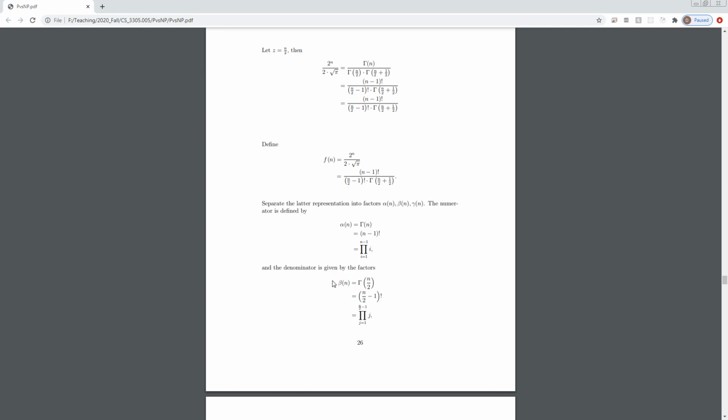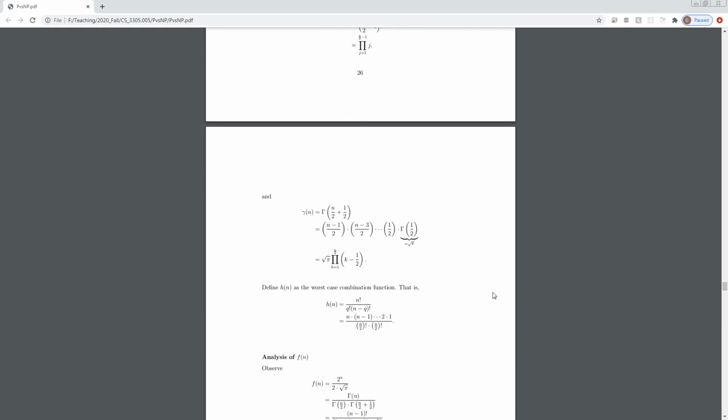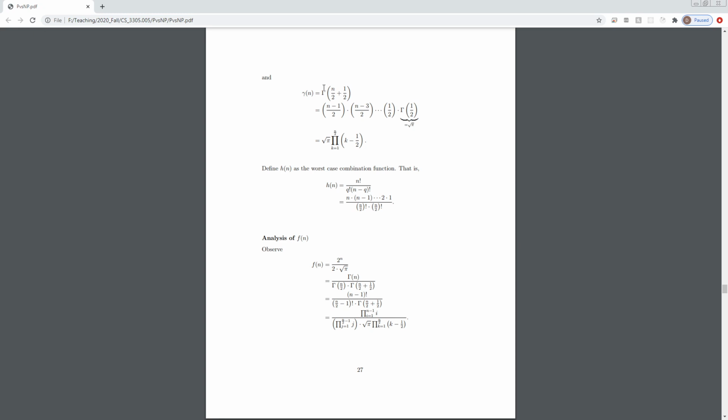And then we're going to do the same thing with beta of n from the denominator, which is n over 2 minus 1 factorial, and this is the product notation for it. And then gamma is going to be of this form. So we have n over 2 plus 1/2. So that's n minus 1 over 2, n minus 3 over 2, and it's because the difference is 1, right?